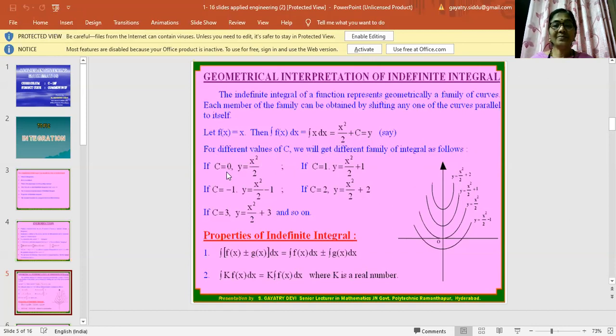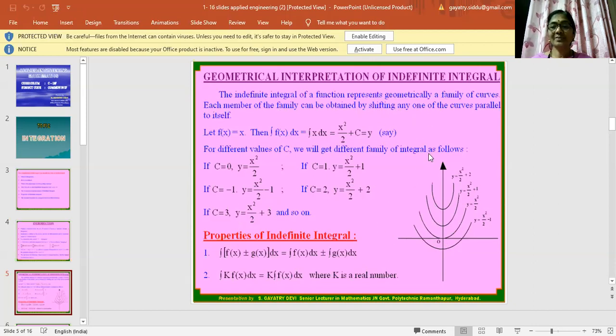If c equal to 0, then y equal to x square by 2. If c equal to 1, y equal to x square by 2 plus 1. And if c equal to minus 1, y equal to x square by 2 minus 1. Like that, we can take some points and plot a diagram, which gives you a family of curves. So each member of the family can be obtained by shifting any one of the curves parallel to itself.